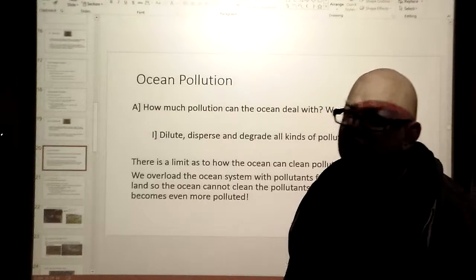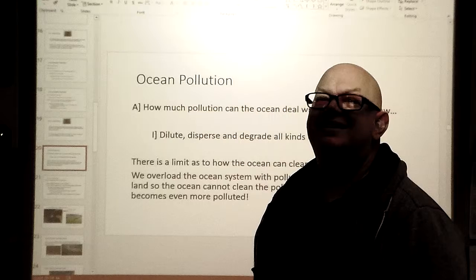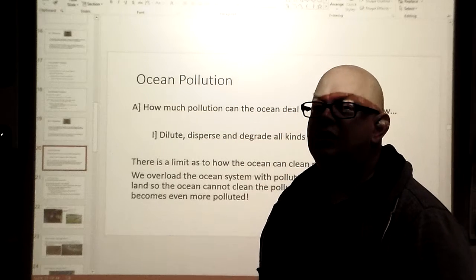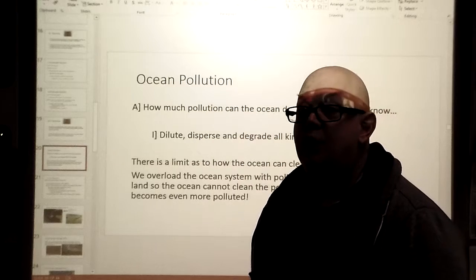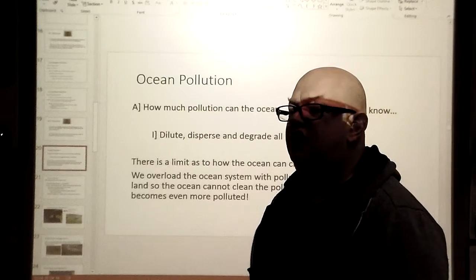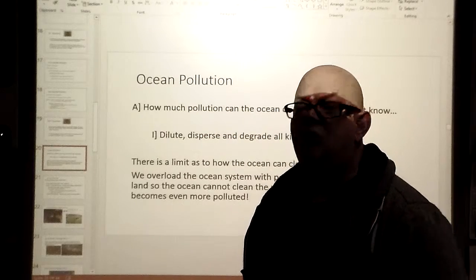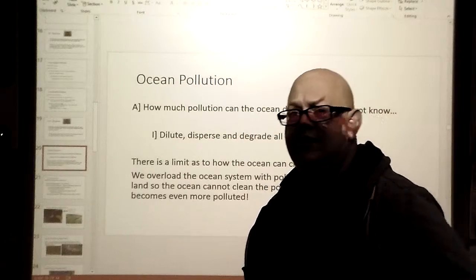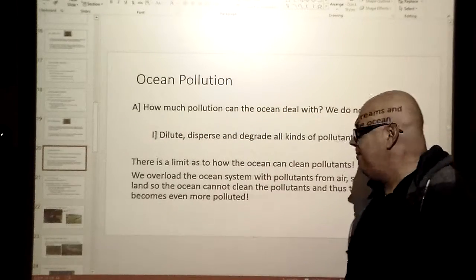and thus the ocean becomes even more polluted. An analogy, and it may sound like a gross analogy for people, but you can get a toilet stuck. How do you get a toilet stuck? Typically, if you overload it with stuff and you expect it to flush down and work its way through. Now, some people are going, ew, hopefully you're not eating dinner, or about to eat dinner, or I probably cut your appetite.